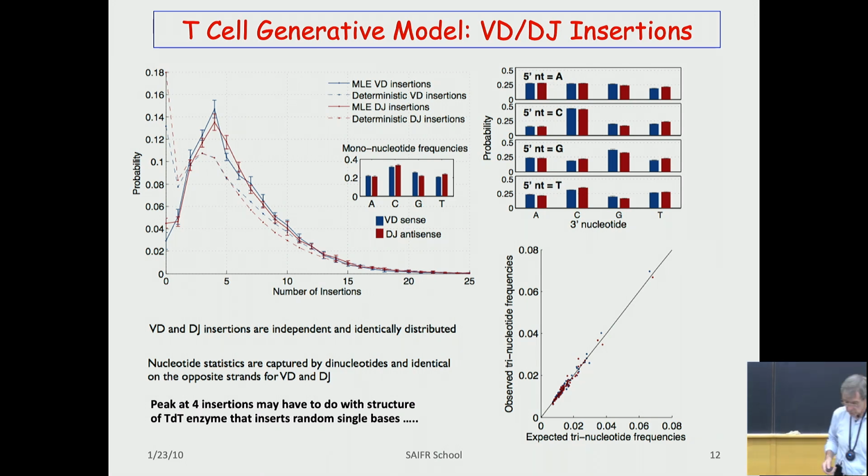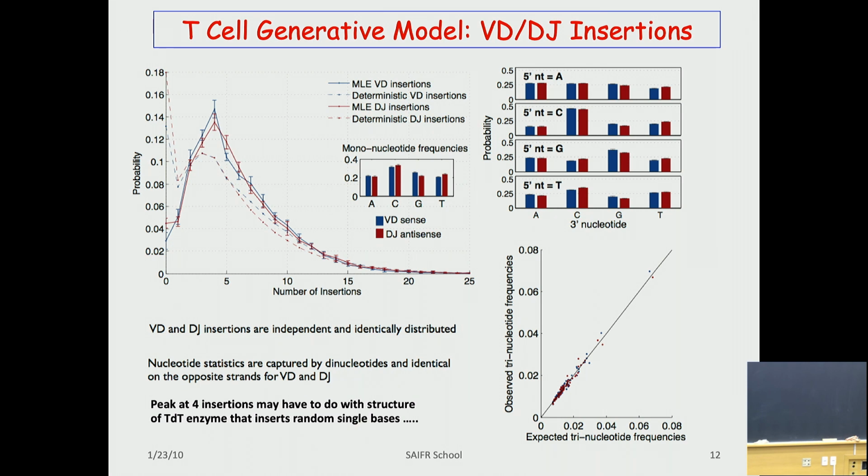So it's a modest number, 4 or 5, of independent stochastic events. And what you wind up extracting from the inference procedure are these elemental probability distributions that define the stochastic machine.